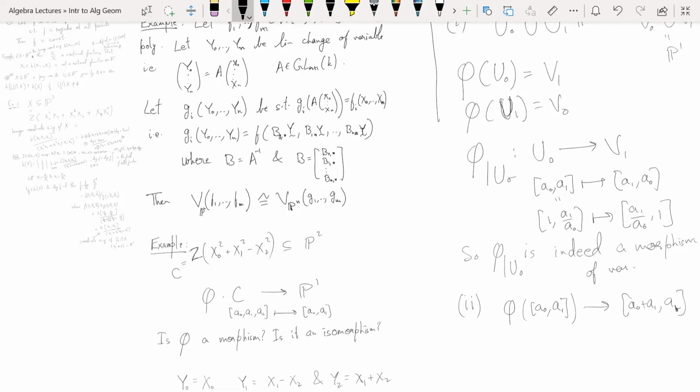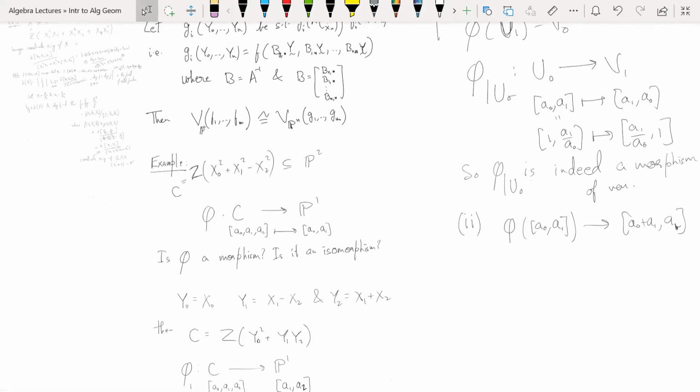So this is the map, and u0 is the locus where a0 is non-zero.